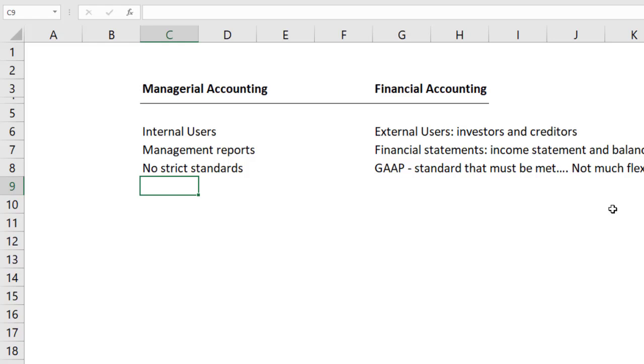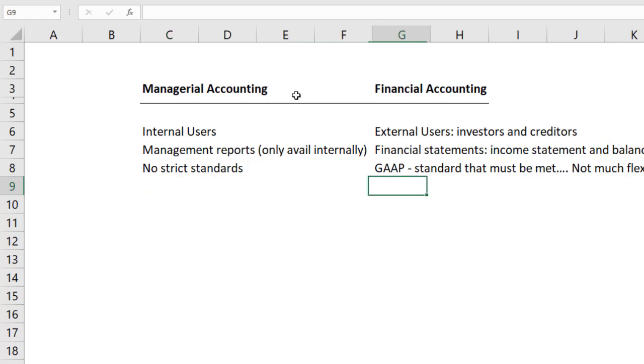They're only available internally. And because of that, we don't have to protect the shareholders or the banks, whoever's depending on the reports, because they're not using these reports. They're using the financial statements.